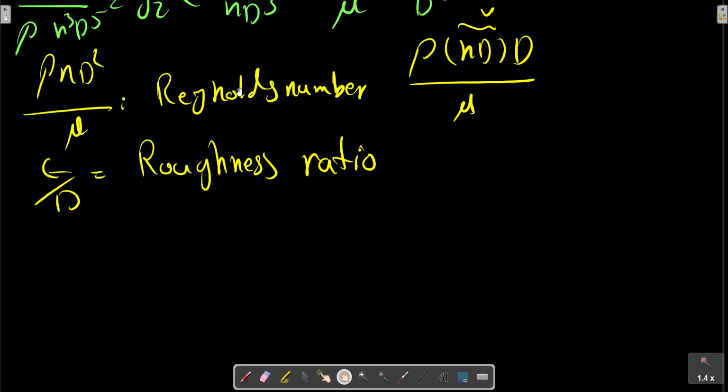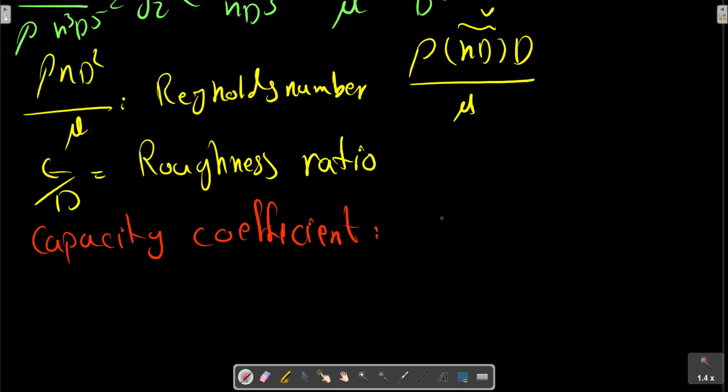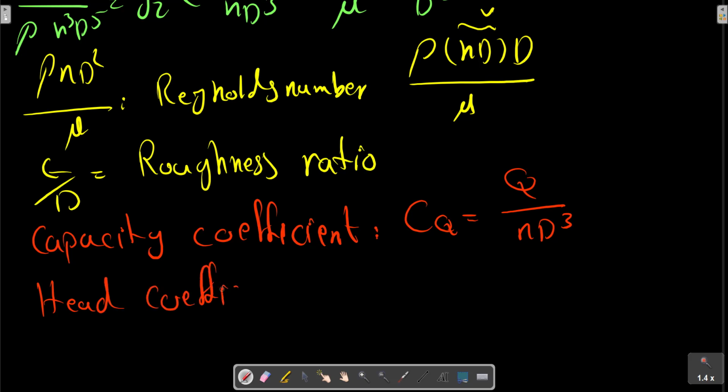Three new parameters have arisen. The first one is the capacity coefficient, CQ, Q on N D^3. The head coefficient, CH, gH on N^2 D^2.